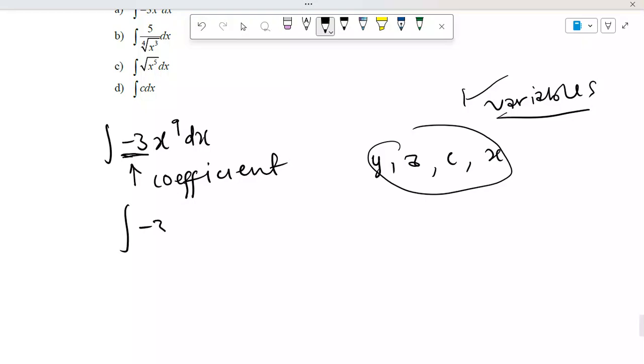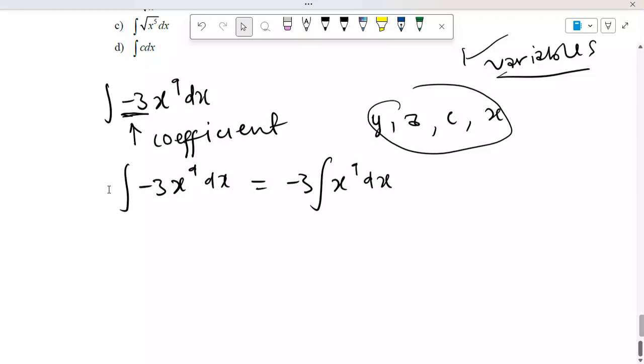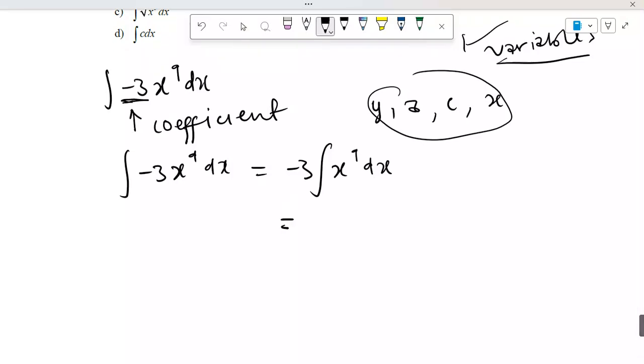So if we write negative 3 x to the power 9 dx, we just take out the constant. It doesn't affect our integration, so we just rewrite it like this. Next, we are adding the power, so we open our bracket and say x to the power 9 plus 1 over 9 plus 1, plus c.